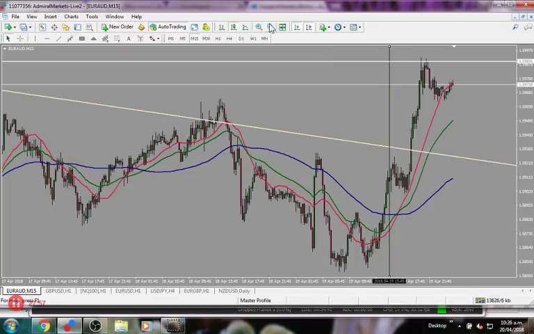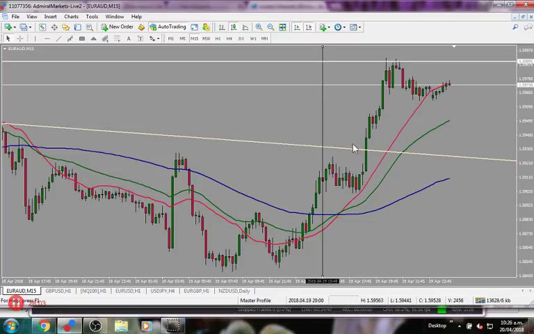But we also had this trend line still in the way, so it wasn't an easy call to make. But now that this has broken, it's also important to let this come back to itself again first.